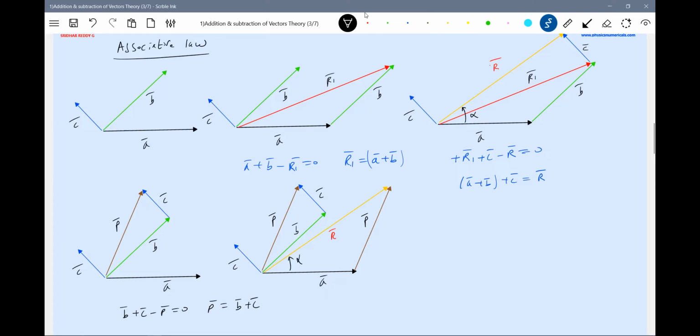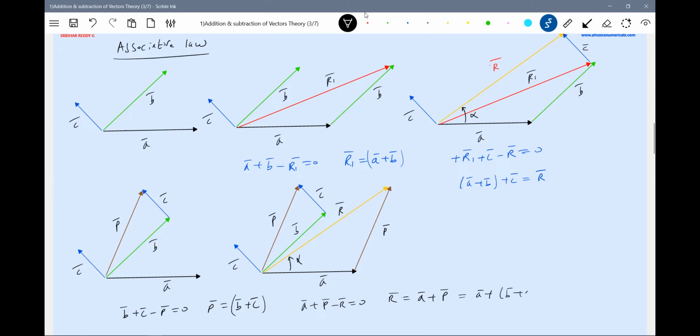So what we did here, no? A bar plus P bar minus R bar equals 0. So therefore R bar is equal to A bar plus P bar. This will put it in this way. Some brackets will introduce.